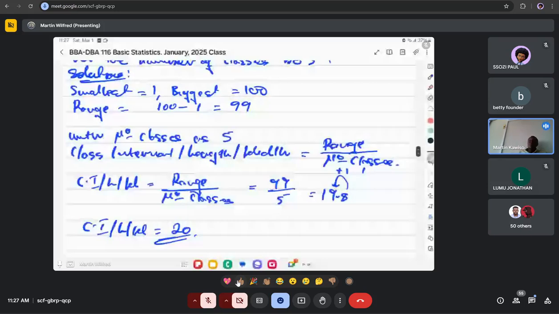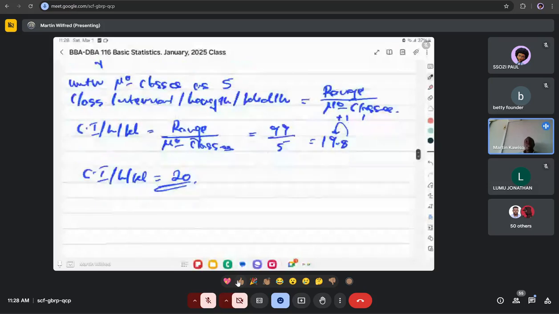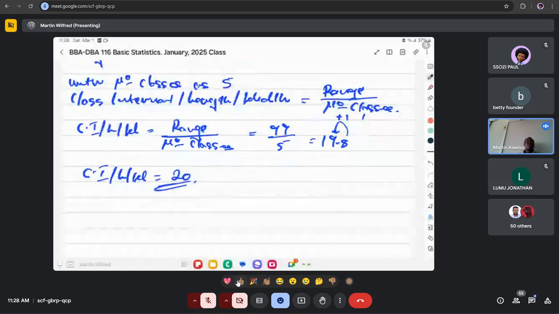Now, in coming up with a frequency distribution table for quantitative data, we reduce the determined class interval by 1, and that applies only and only for the first class or the first group we are coming up with.